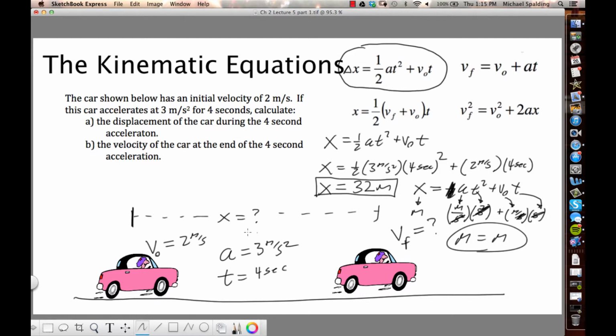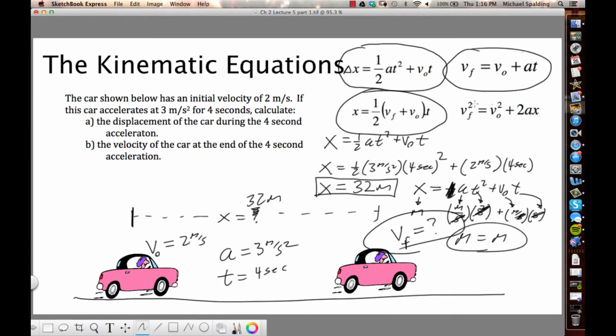Now we know that the displacement is 32 meters. How do we find v final? Which equations could we use? Would the second equation work? Yes. Would the third equation work? Yes. Fourth equation? Yes. So to find the final velocity, we could use 3 of the 4. I think the third equation is the easy one.